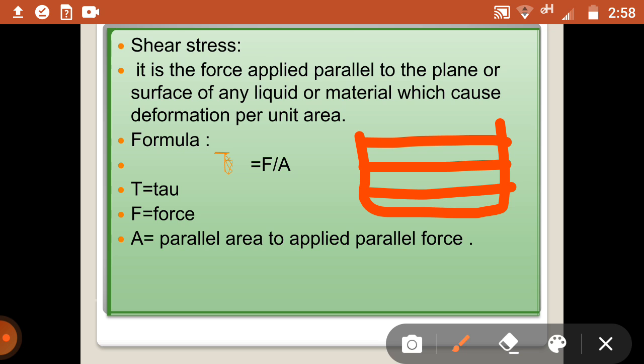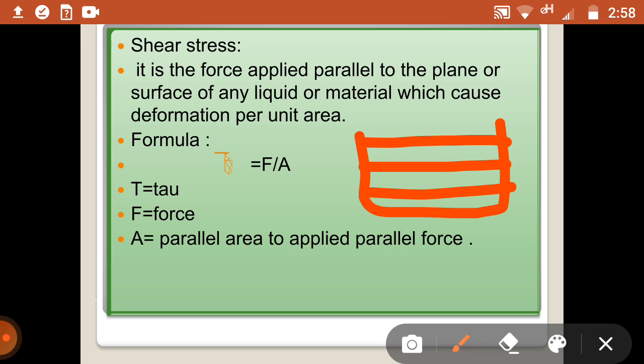So they are moving parallel to each other. These are two fluid layers, 3 fluid layers, or maybe 4 fluid layers depending on the liquid. The layers of liquid or any material are moving parallel to each other, so it is called shear.